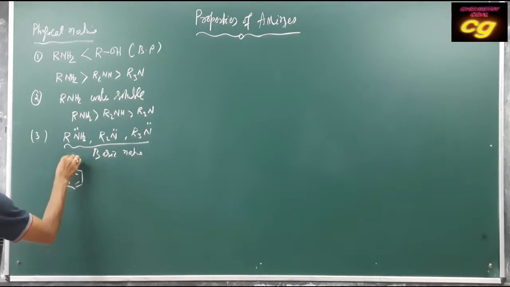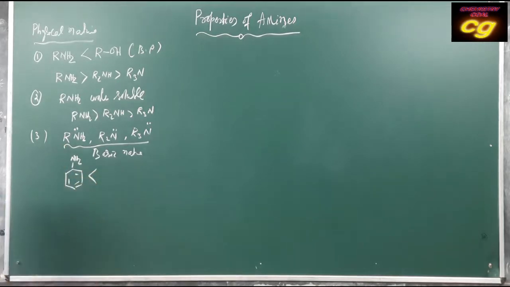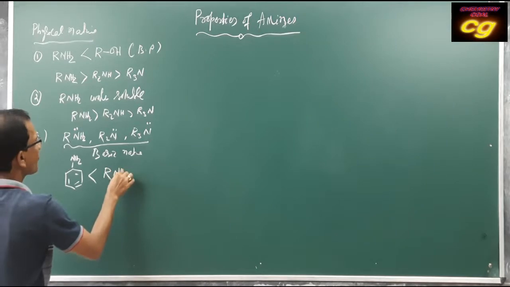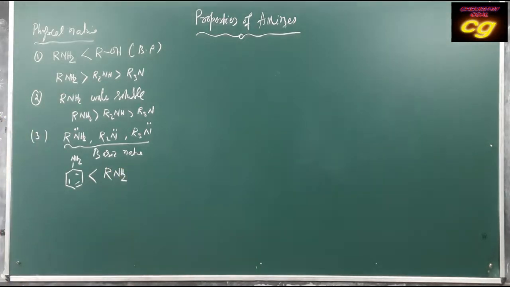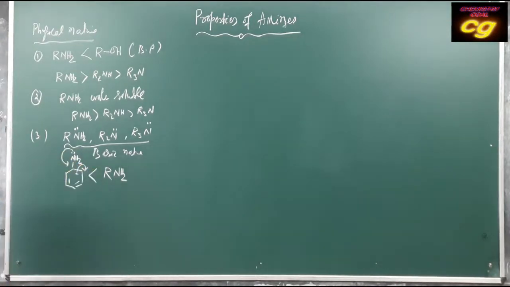If you see, aromatic amines are less basic than aliphatic amines, because aromatic amines have resonance. Due to the resonance, the electron density of nitrogen decreases, as it forms a pi bond with the benzene.